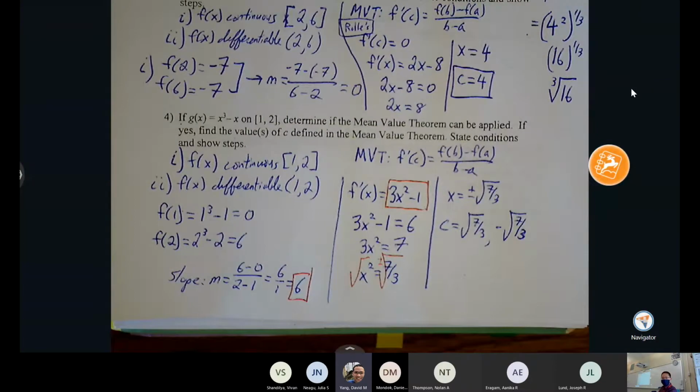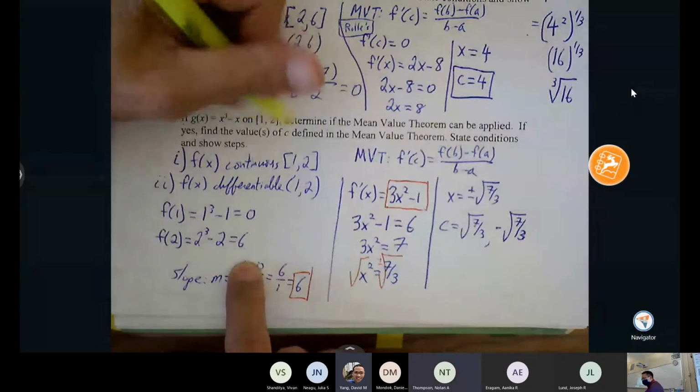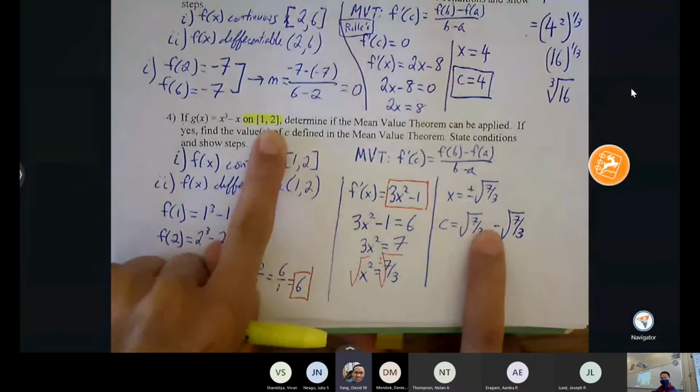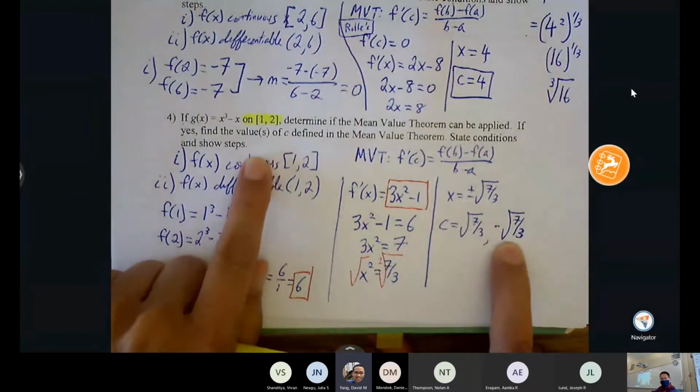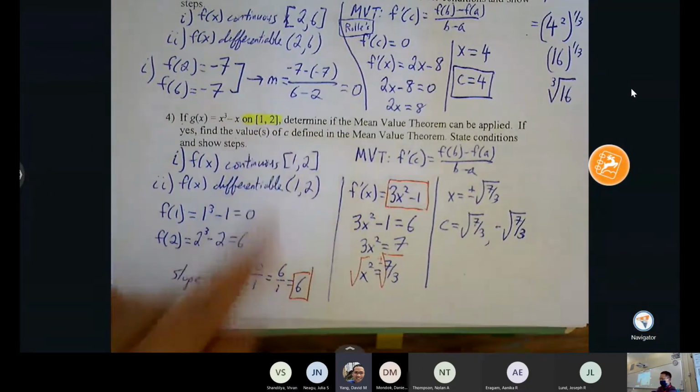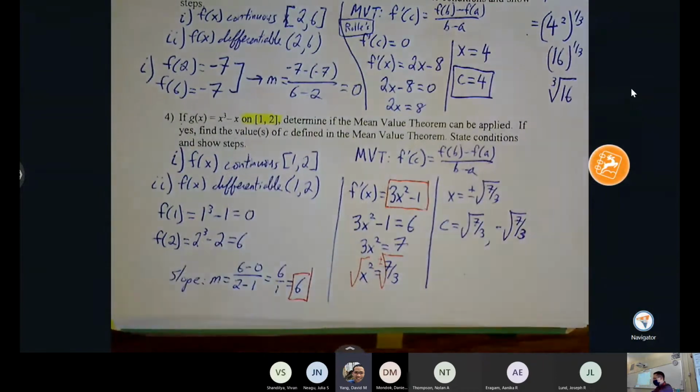So it looks like we have two locations on the curve where there's a slope of 6. So can we keep both of them? No, one's outside of the values. Good. We have to check in the interval. Yeah. Our problem is only concerned about 1 to 2. So yes, there may be another solution, but if it's outside the interval, then it's not part of our problem, right? So it looks like the negative is out.